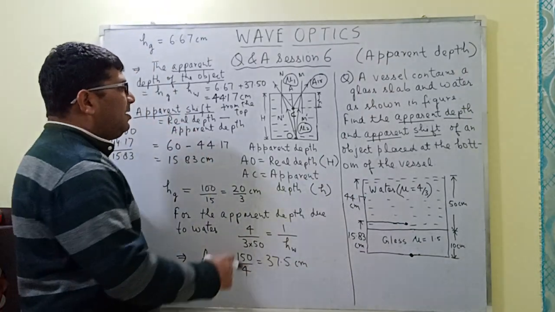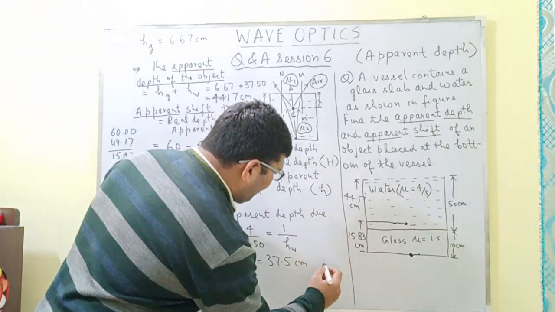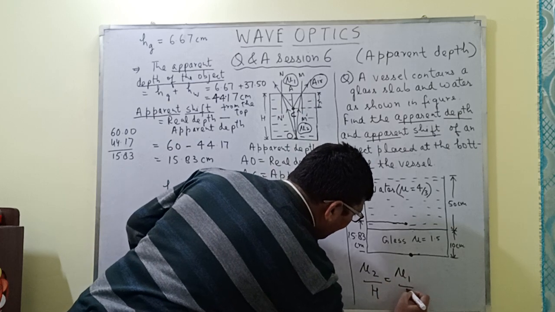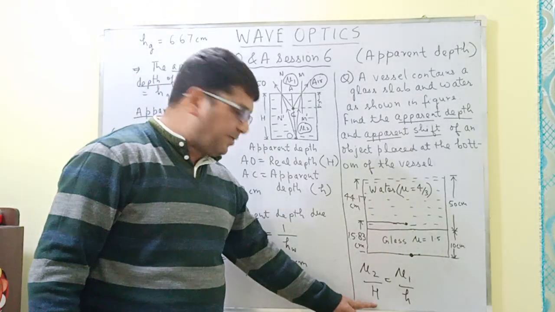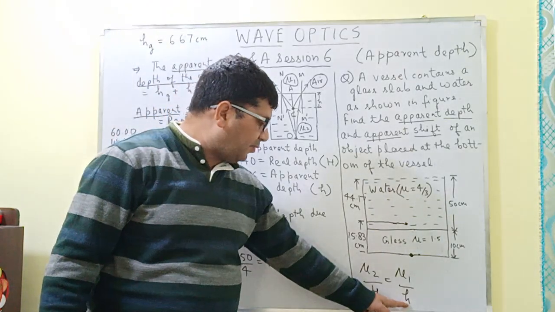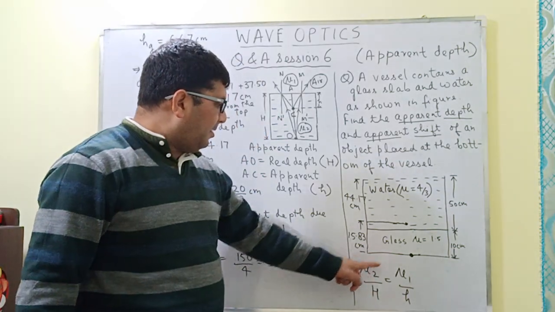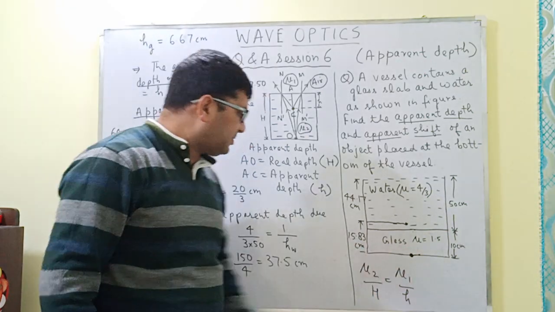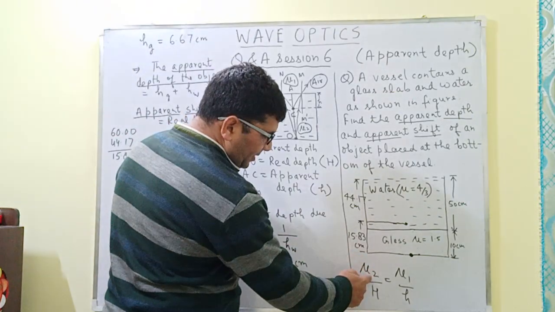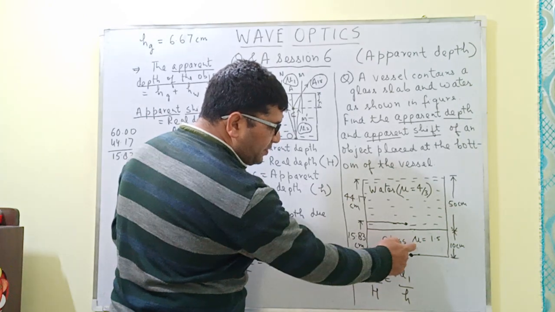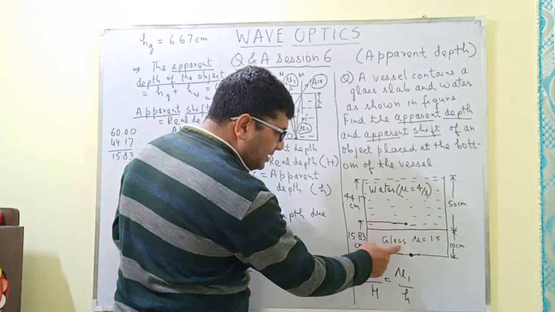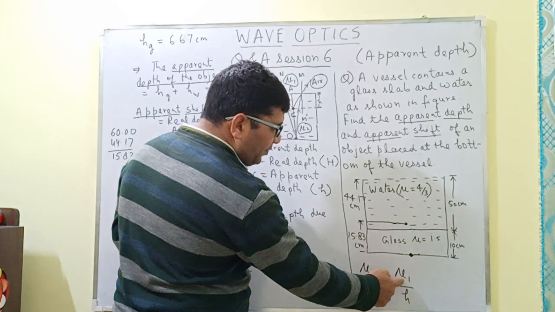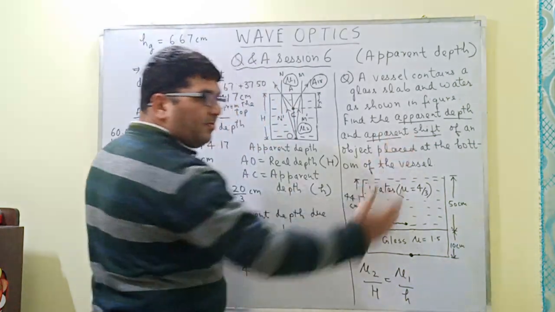So here the most important formula was mu2 upon H was equal to mu1 upon small h, where capital H is the real depth of the object, h is the apparent depth of that object, mu2 is the absolute refractive index of this glass medium, and mu1 will be the absolute refractive index of the medium from where we are perceiving this object.